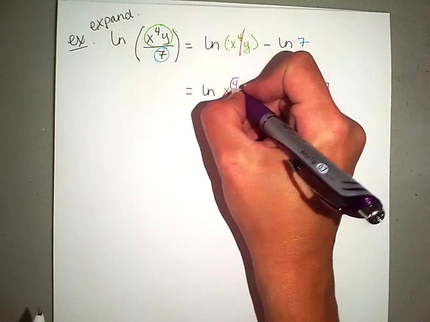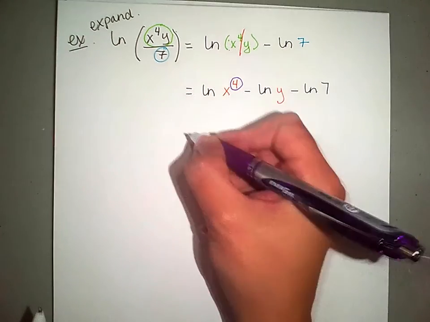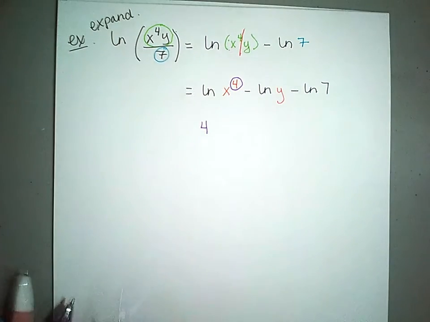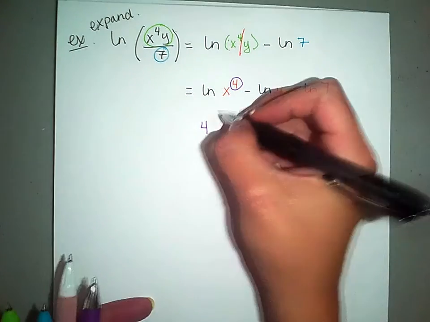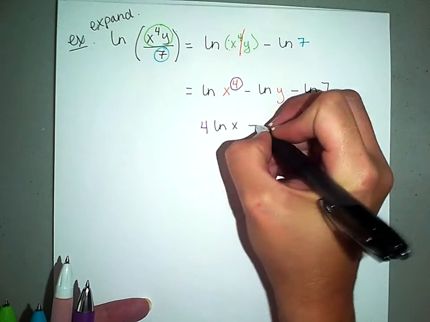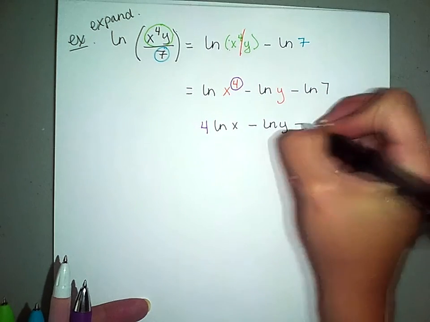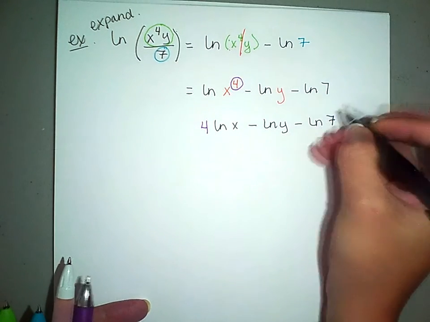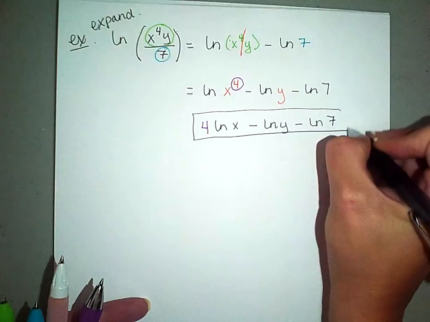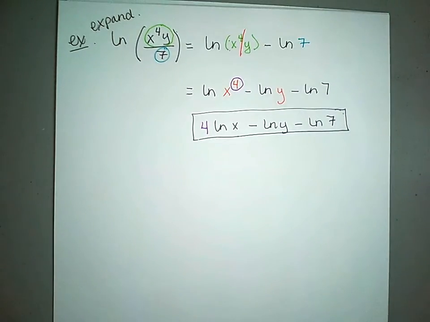Lastly, we can simplify this power. Pulling it outside, this becomes 4 times the natural log of x minus the natural log of y minus the natural log of 7. And thus we've expanded it.